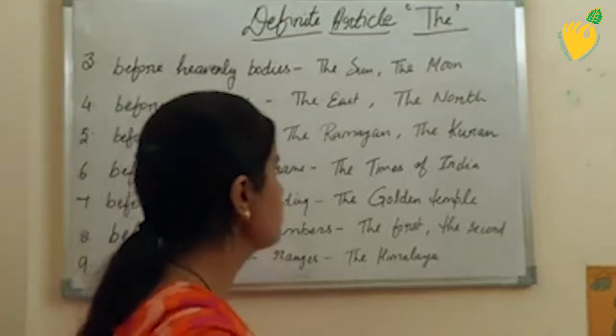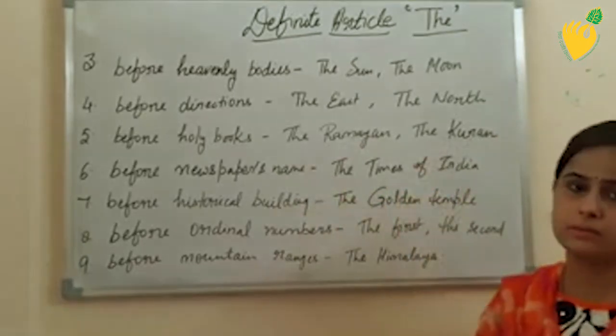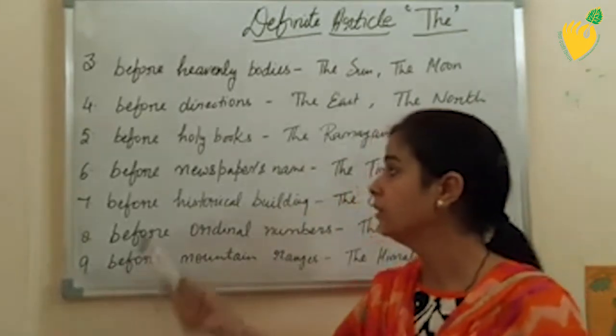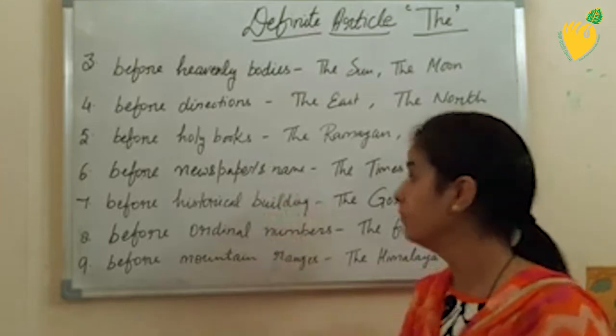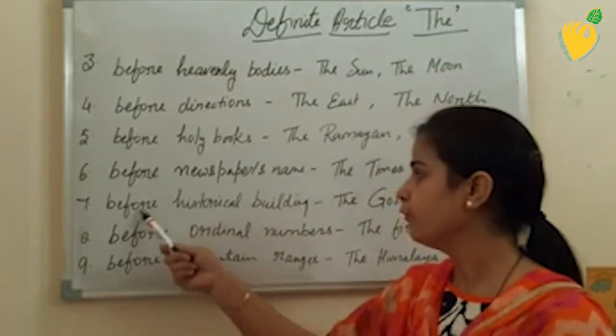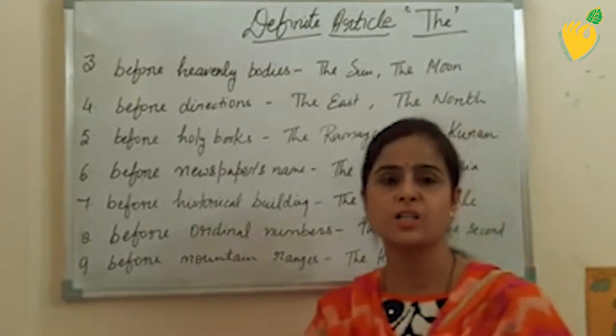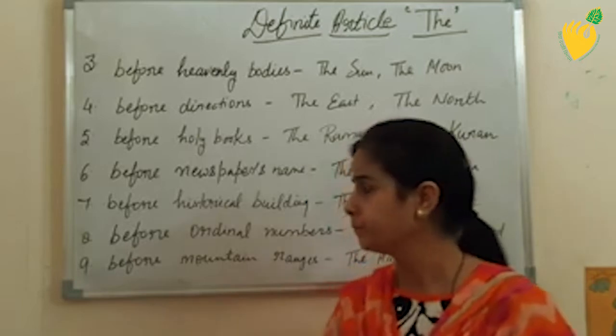Before holy books like the Ramayana, the Quran, the Bible, the Gita. Before newspaper names, the Times of India, the Hindustan Times. Before historical buildings like the Golden Temple, the Taj Mahal, the Qutub Minar.